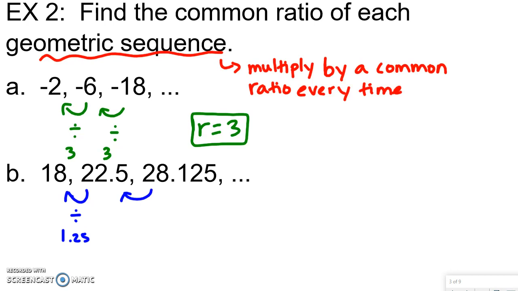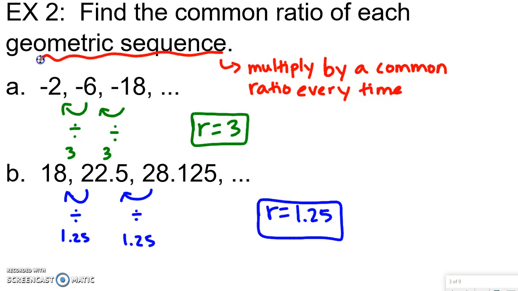Oh, sorry, 28.125 divided by 22.5. That was also 1.25. So my common ratio is 1.25. So to know what you're multiplying by going forward, we divide backwards.